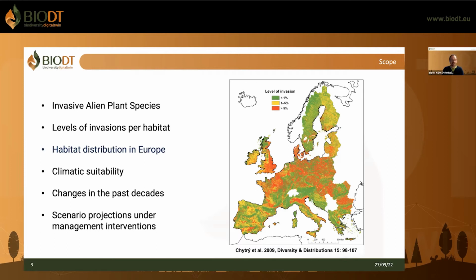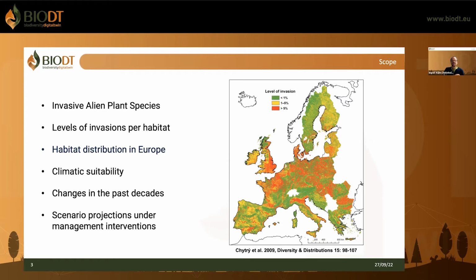What is the species pool of that habitat? And we know the habitat distribution across Europe, which means in principle we can provide a map such as the one that colleagues 13 years ago published in Diversity and Distributions, with the number of different alien invasive plant species in the different habitats occurring in different parts of Europe at a very high resolution, 1 square kilometer, for example.